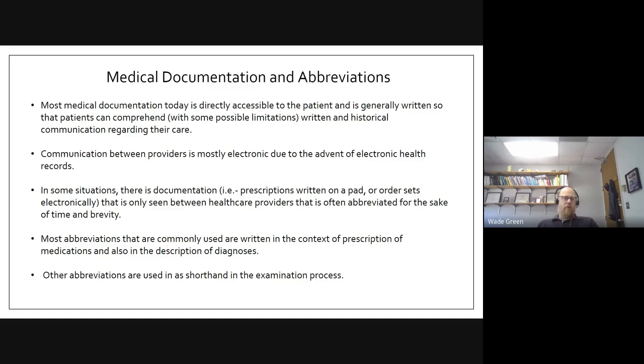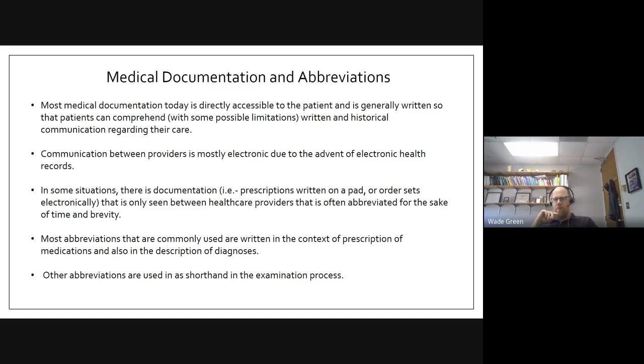Written, when you have a provider that maybe still uses a prescription pad, and may write, for example, gabapentin 300 milligrams, TID, or Q8H. So gabapentin 300 milligrams to be taken 3 times a day or every 8 hours. We typically use abbreviations for the sake of brevity and time, but generally, they can also be an efficient way to communicate between providers.